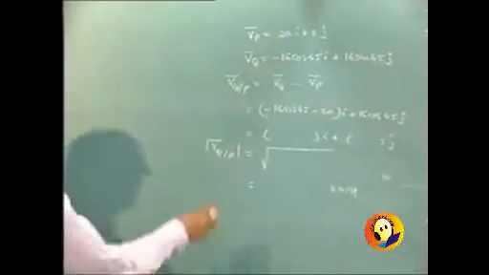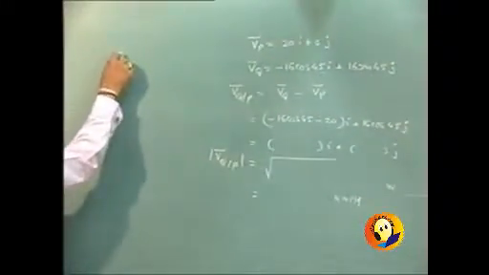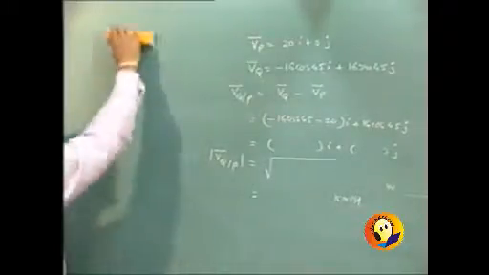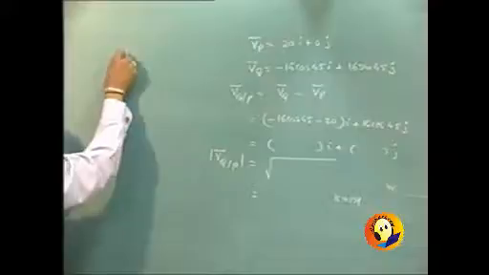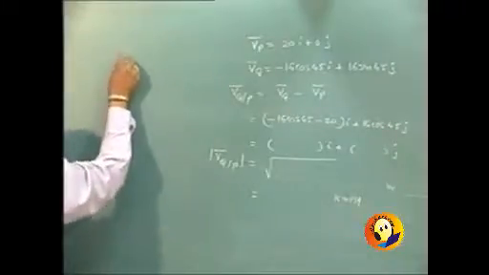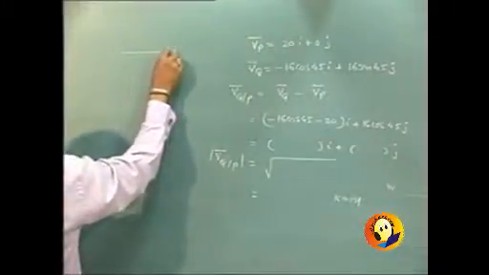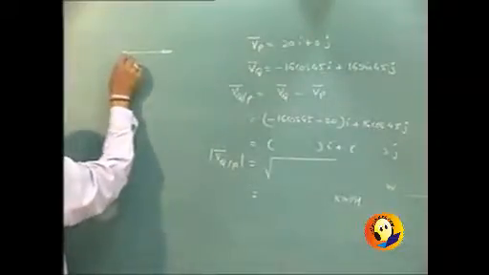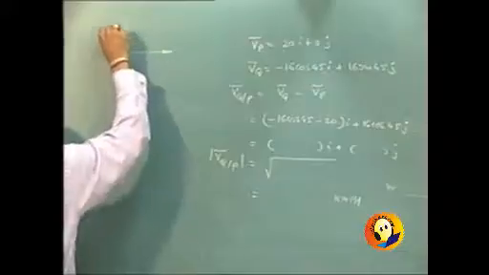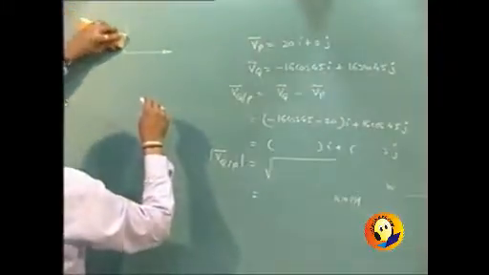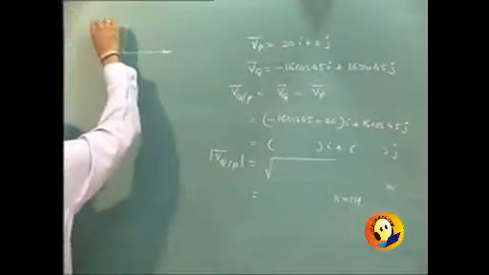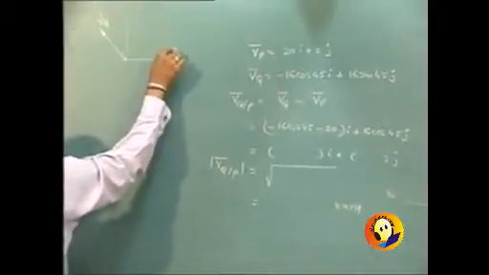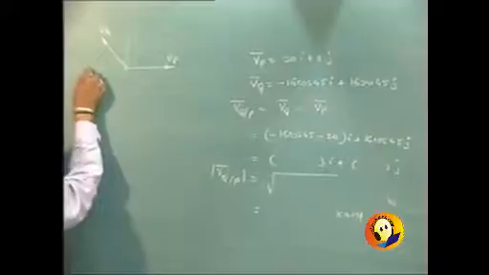Now if you actually see the diagram, we were having velocity of P towards east, and velocity of Q was at 45 degrees. This was VQ, this was VP, and it is VQ minus VP.